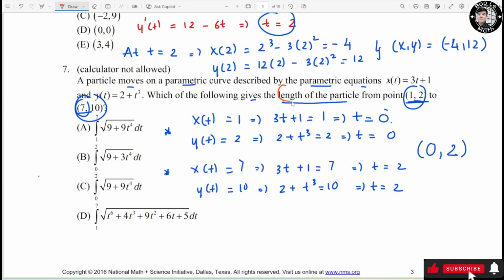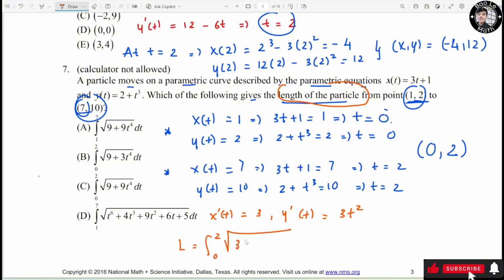Now, to find the length of the path of the particle, we need to find the first derivative, right? So we have x prime of t equals 3, right? y prime of t equals 3t squared, right? So the length is the integral from 0 to 2 of the square root of x prime of t squared plus y prime of t squared.